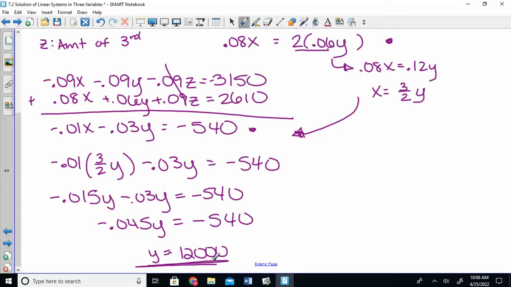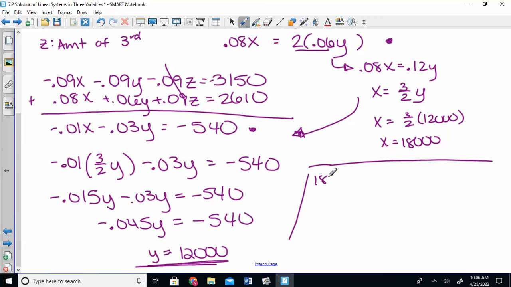So when I do that, I get my y to be 12,000. We have to find everything, so if you go back and plug that in to get x, we get x to be 18,000. And so then we have to plug those back into the original.